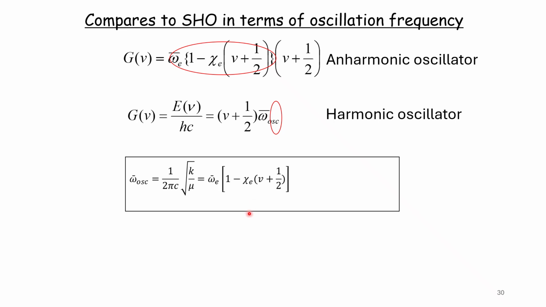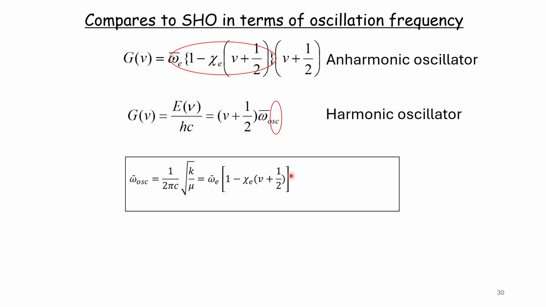And from here we can see that the molecular vibrations tend to oscillate harmonically for a small value of V, or at a low vibrational quantum level.